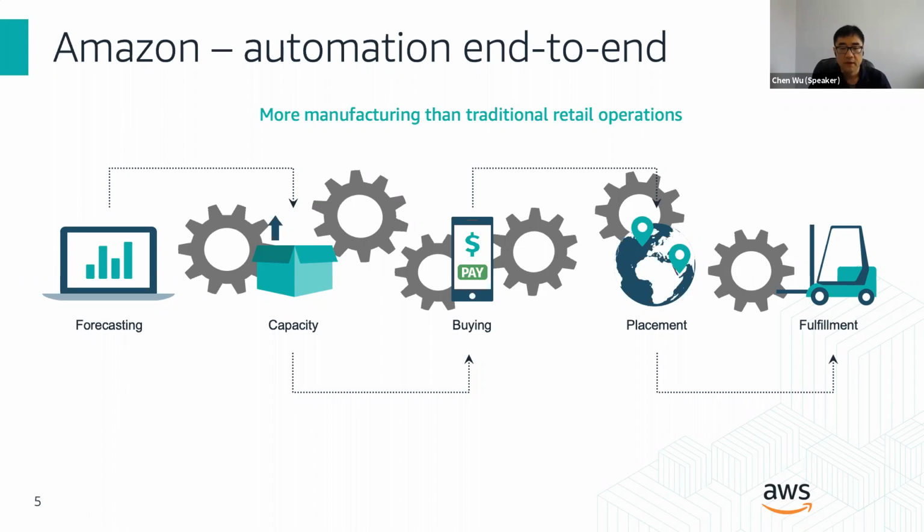So there's probably little room for human touches, and the only place where humans play an important role is overriding decisions made by machines. That way you can really cut the cost and streamline your operations. So that's just a warm-up story on the importance of automation and decision making.